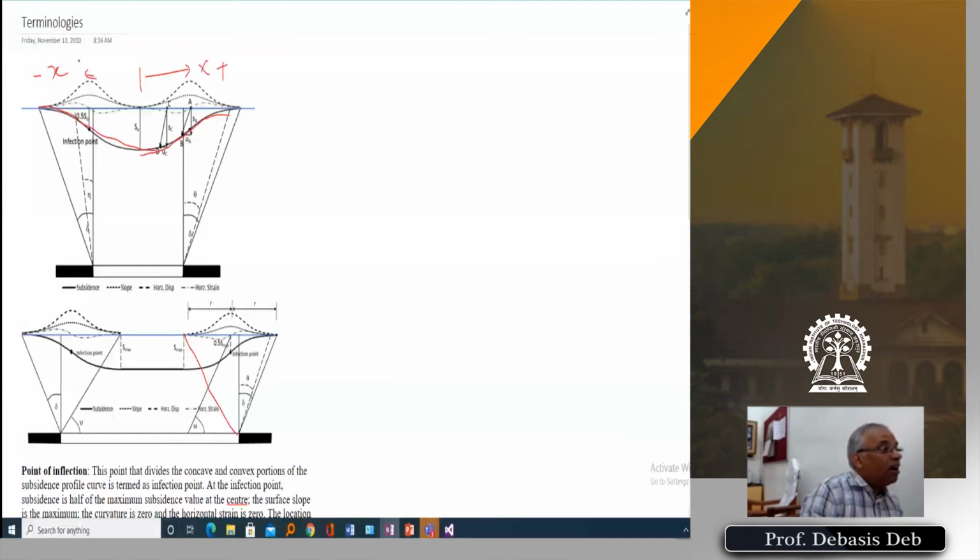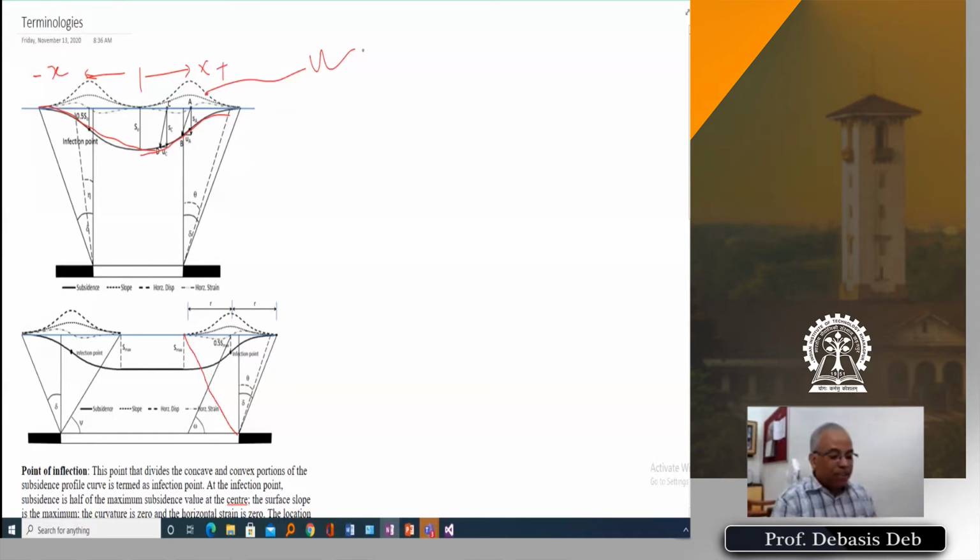Now, if I take the slope of this, the slope is given here. This small dotted line is the slope. This curve is u, the horizontal strain.